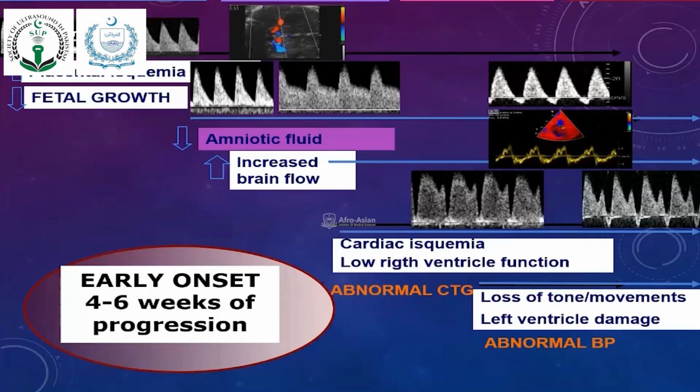There will be cardiac ischemia indicated by the ductus venosus, which can be assessed by abnormal CTG also. Then there will be loss of tone and movement, left ventricle damage, abnormal blood pressure. This is early onset, and it is 4 to 6 weeks of progression.